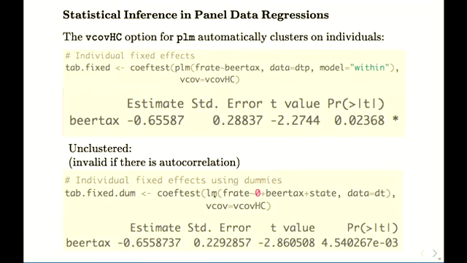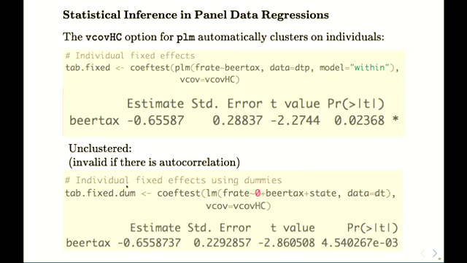So if we did the same thing here, this is just doing OLS at this point, and we're including the beer tax and the state dummy variables, so that's the fixed effects right there, the individual level fixed effects. And doing the HC standard errors, you'll notice it's different, okay? It's not hugely different in this case, but it's different enough, right?